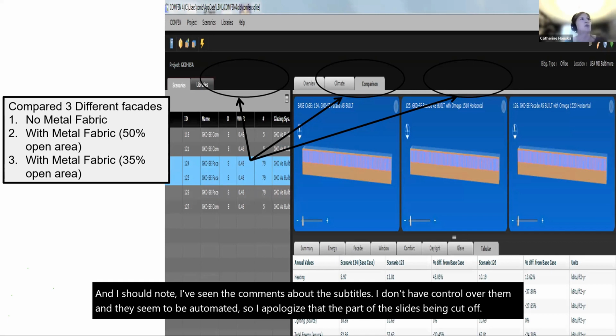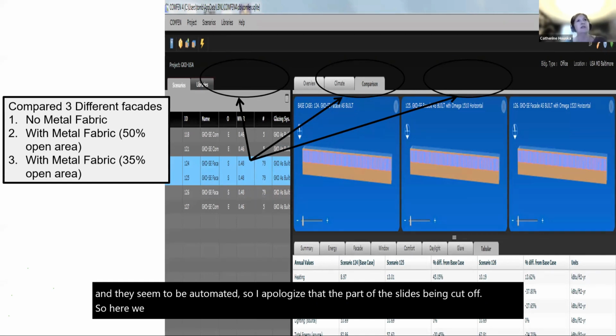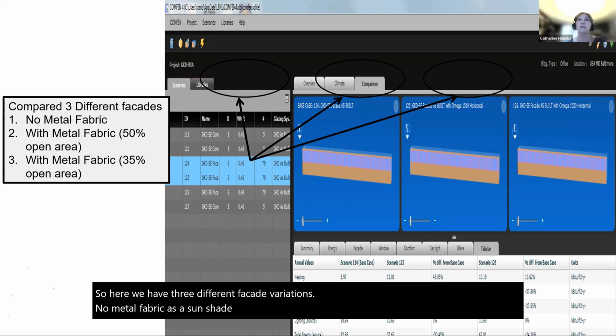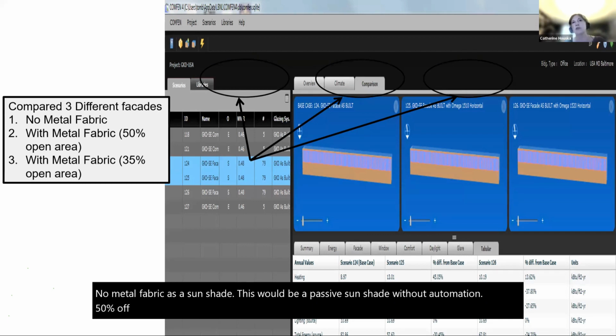So here we have 3 different facade variations. No metal fabric as a sunshade. This would be a passive sunshade without automation. 50% open area and 35% open area.